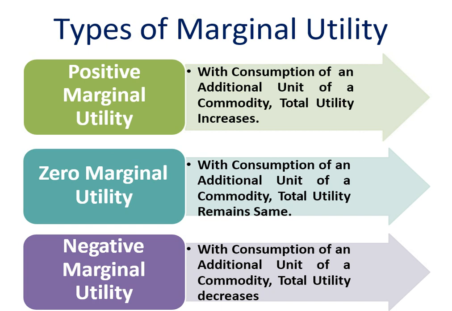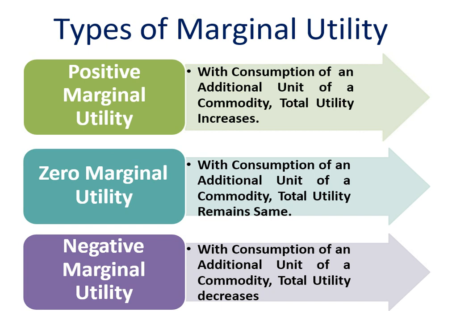So as long as we are taking another and one more unit of any commodity, and it has a positive effect on the total utility, that extra advantage from that particular good is called positive marginal utility.